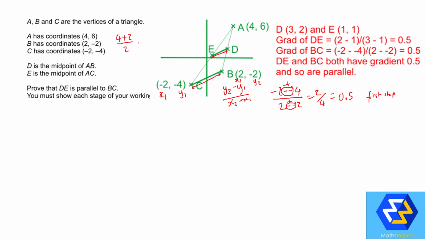Remember the midpoint formula will be 6 divided by 2 is 3. So point D, the x coordinate is 3. Add the y coordinates together. Well, that is minus 6 plus minus 2 will equal minus 8, and divided by 2 will equal minus 4. So D is a coordinate 3, 2.